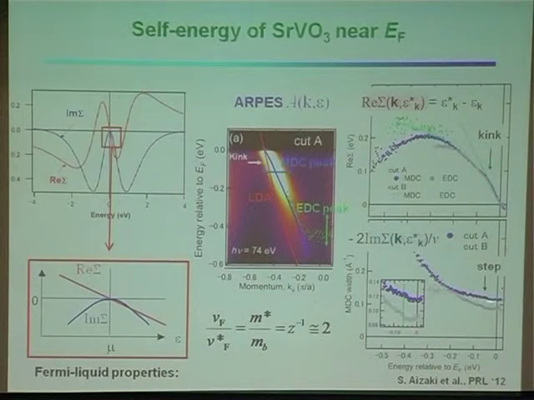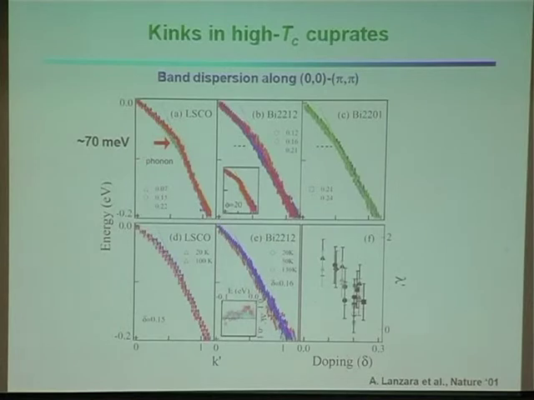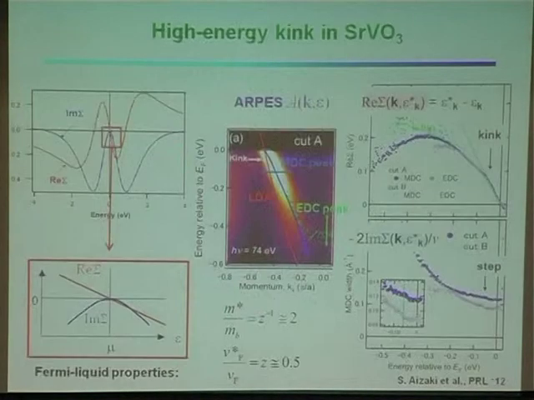Correspondingly, the width shows a slight increase, because kink and step are mutually related through Kramers-Kronig analysis. So it is the same as cuprates.